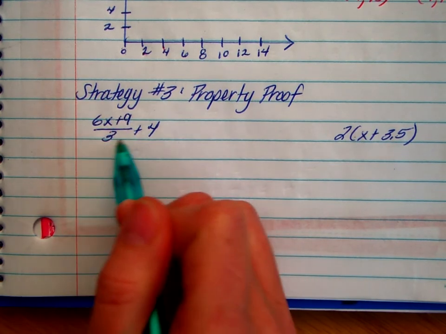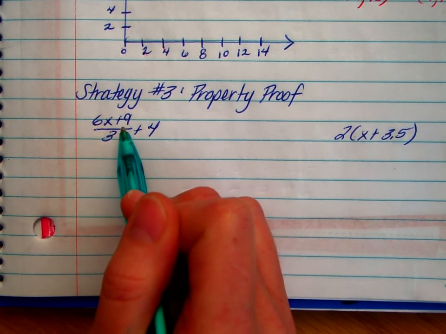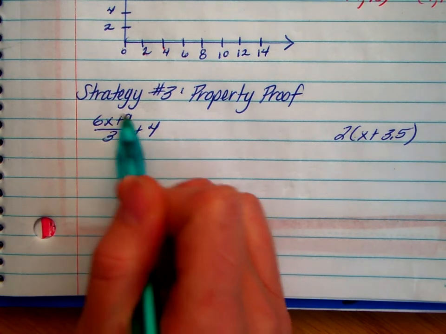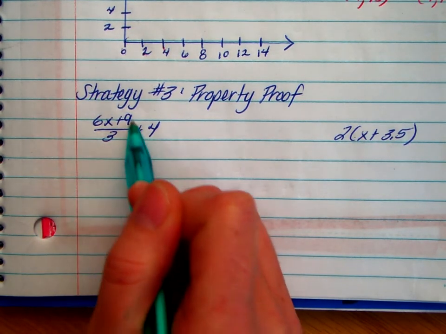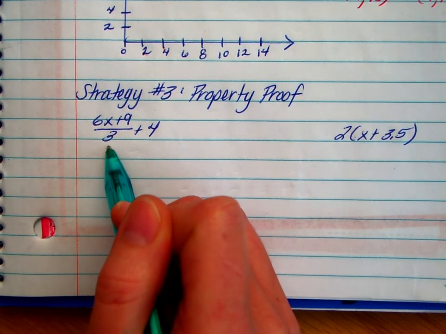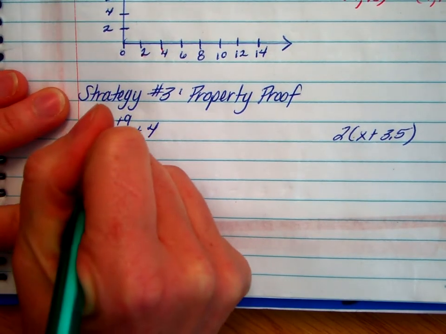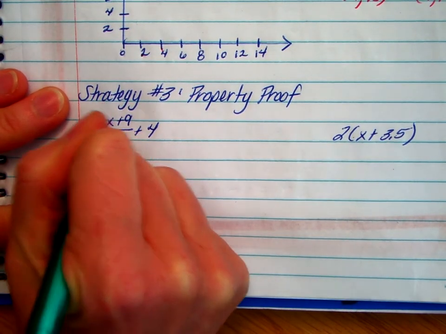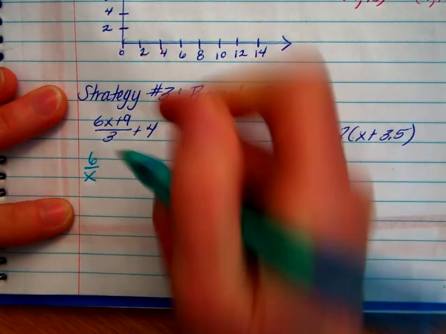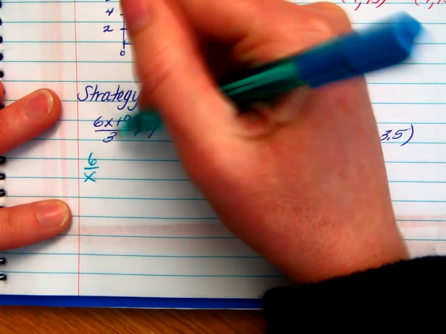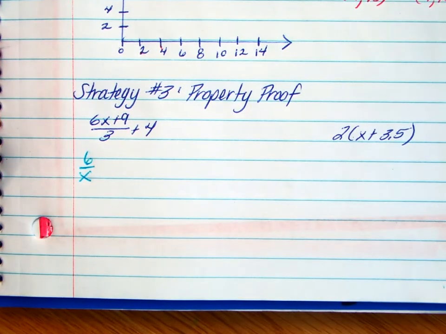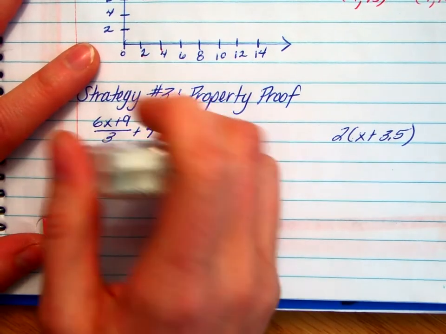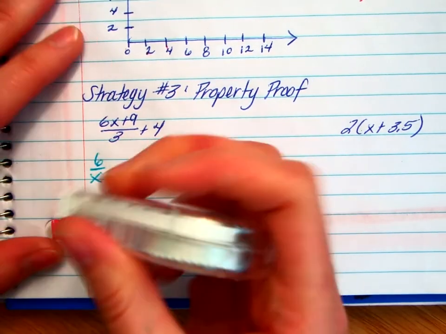With this, you can use the distributive property, which means this whole term can break up, where it can be 6 over x, because that's not right. Do over. Take out the white out.